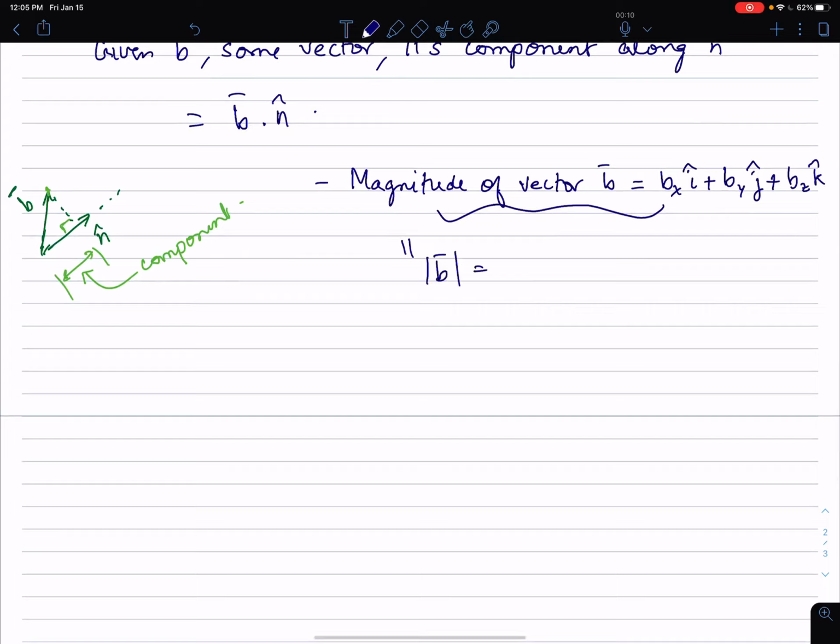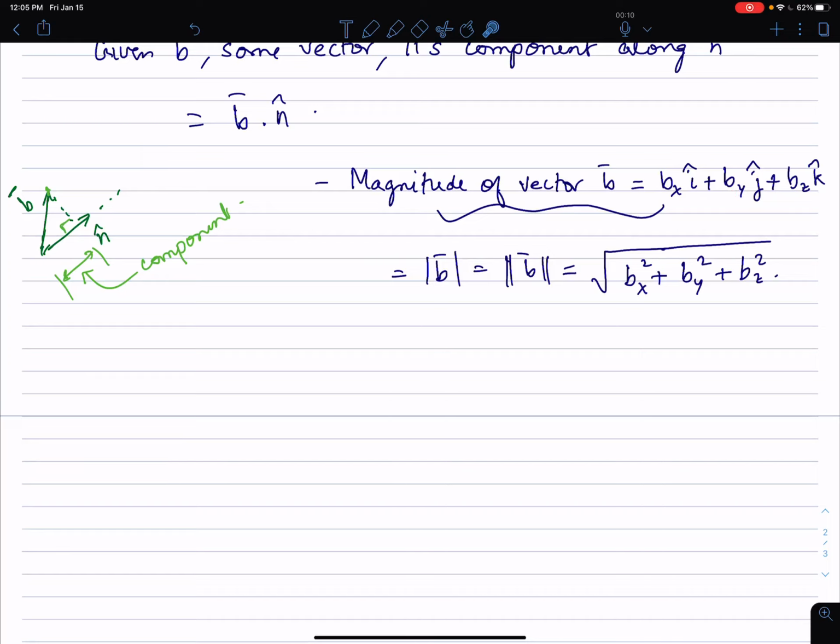Sometimes you also use double vertical bars. This is just notation for the magnitude, and the magnitude is equal to the square root of b_x squared plus b_y squared plus b_z squared. Okay, magnitude just means length of the vector in this case, and the length is the square root of the sum of squares of the components.